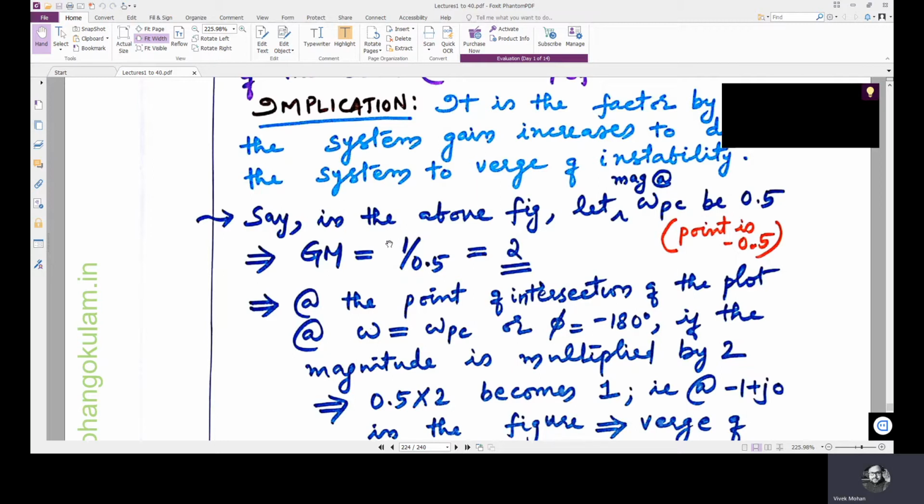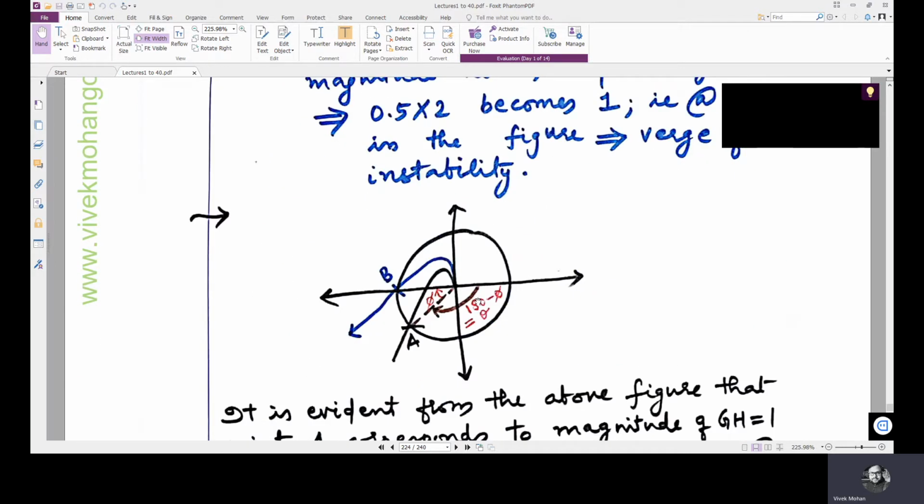What is the importance of magnitude 1? It's the verge of instability. So from the existing position, if we multiply by the gain margin, the system will move to the verge of instability.